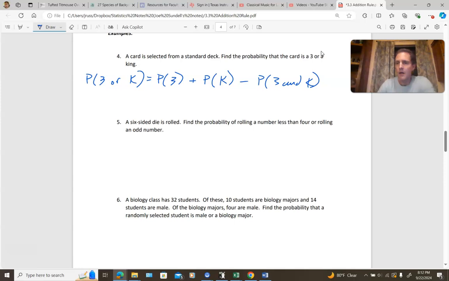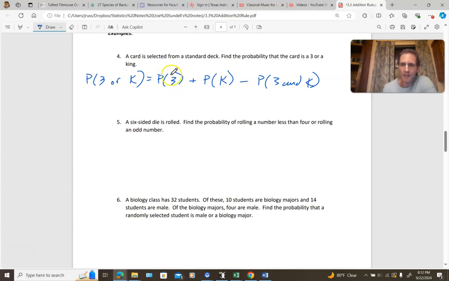Or in other words, the probability of selecting, well, no, I can't say it that way because these two events are actually going to be mutually exclusive. Okay, I started to say a king and then followed by a suit, but that's not going to be the case.